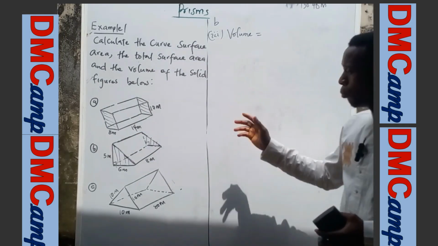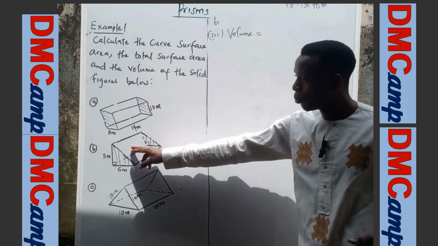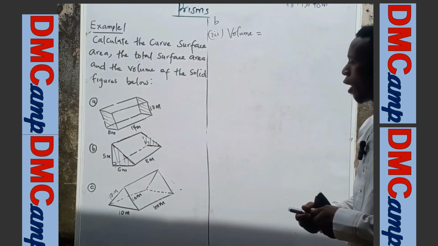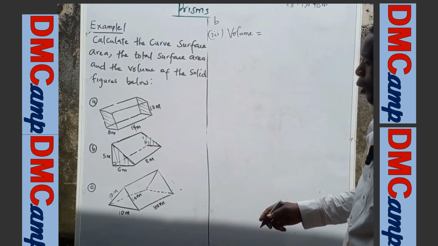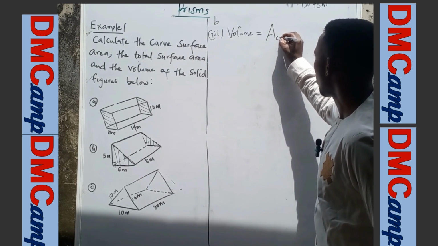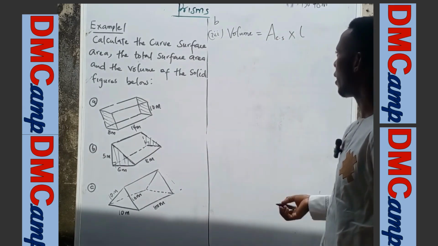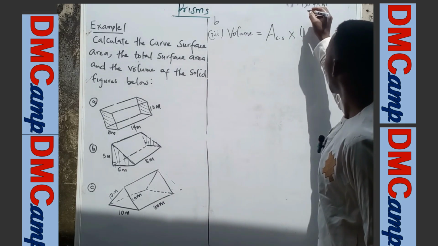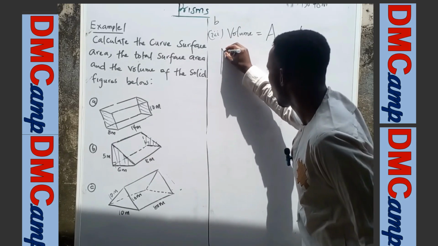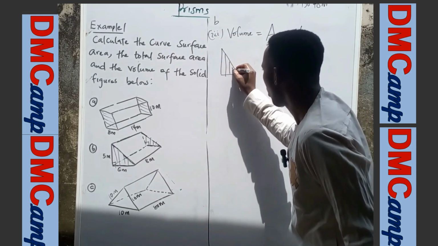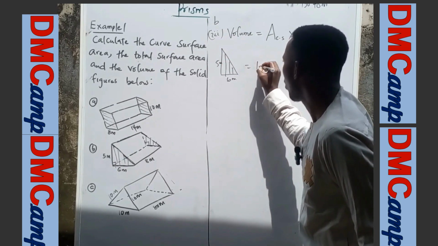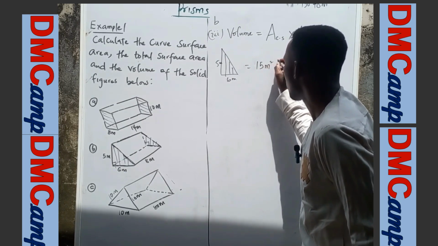Okay, let's see the volume of this. The volume of this B, this rectangular prism, let's see the volume. How do we calculate the volume? The volume is simply the area of the cross section multiplied by the length. Don't forget, we've gotten the area of this cross section, where you have 5, here you have 6. We've gotten the area to be 15 meter square.